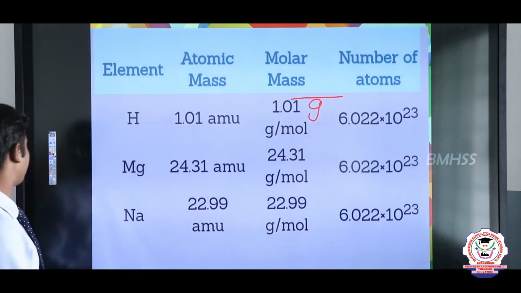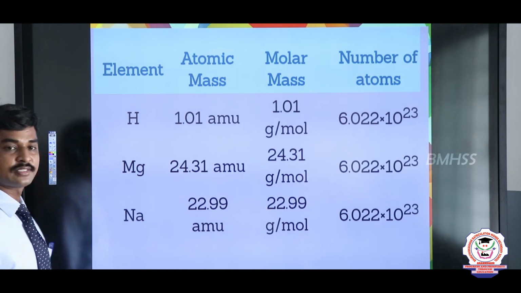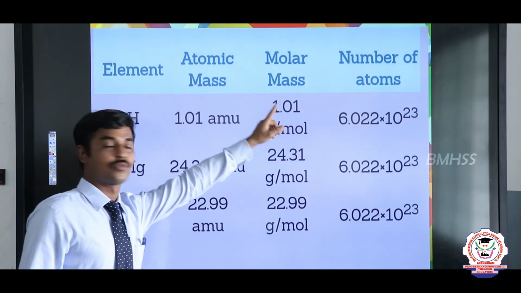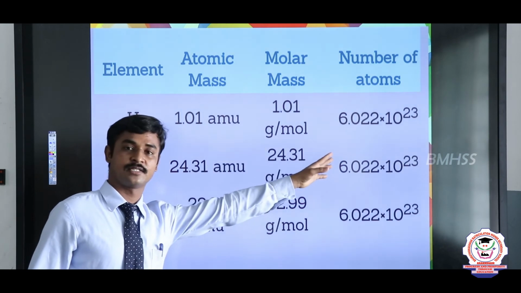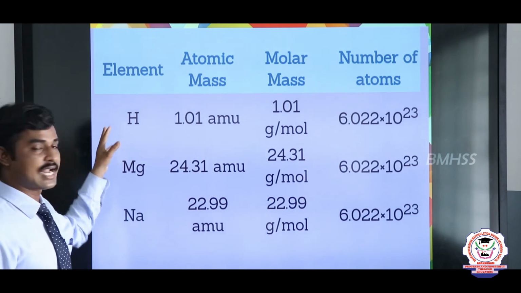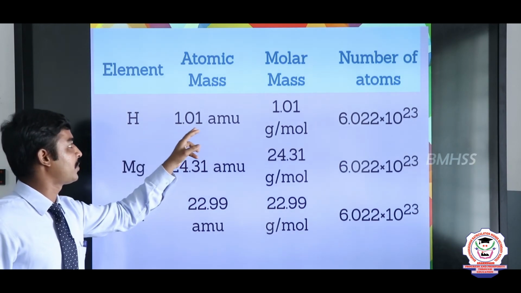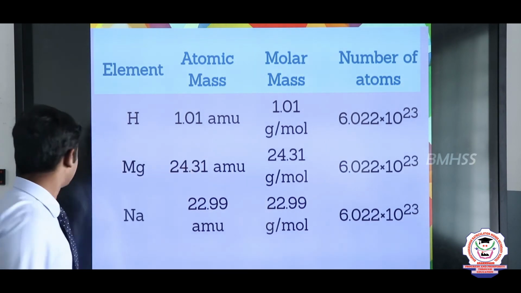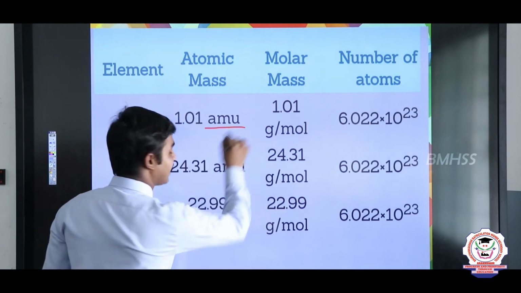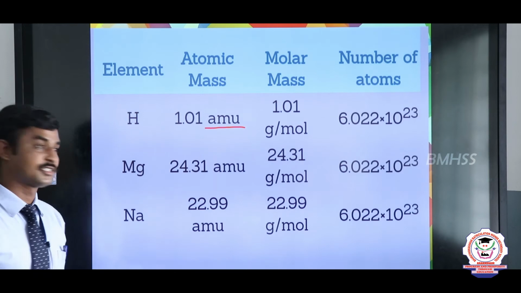Here I give some examples of elements that contain 1 mole, with the element's atomic mass, molar mass and the number of atoms present in 1 mole. Let us see. The hydrogen atom has the atomic mass 1.01 AMU. Here we use the unit AMU because AMU is atomic mass unit.